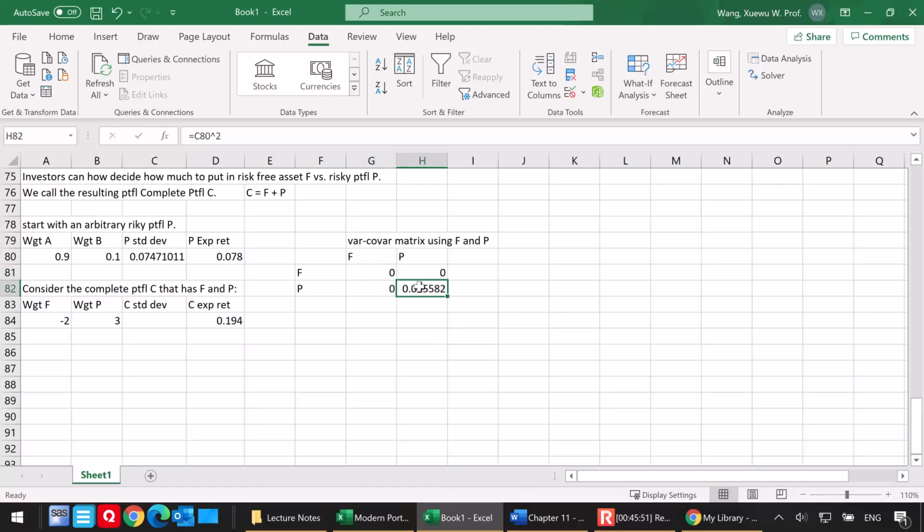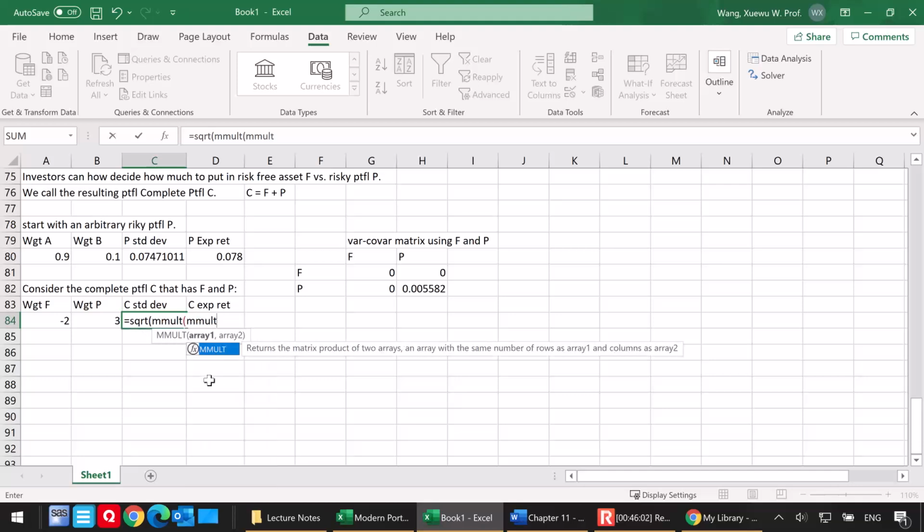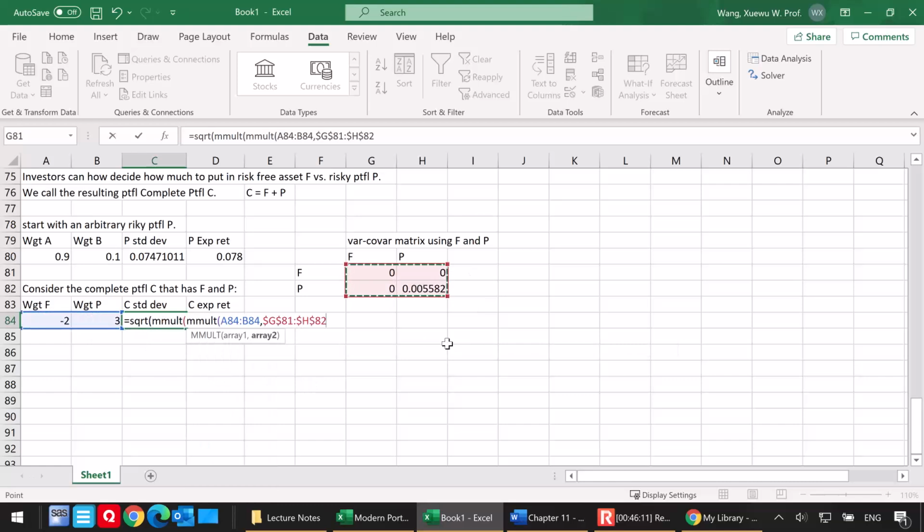Now I can do the high-tech formula, the square root of the variance, using matrix multiplication again. I take the portfolio weights, take the variance covariance matrix and lock it down, then transpose my portfolio weights, close the matrix multiplication, and close the square root.